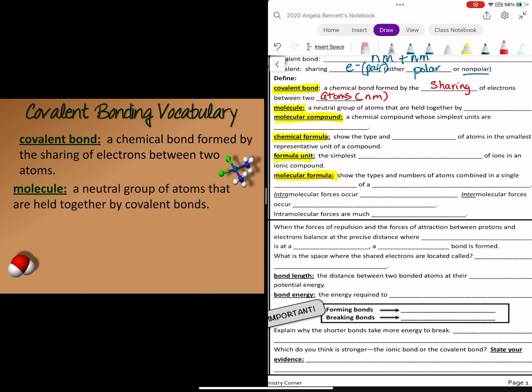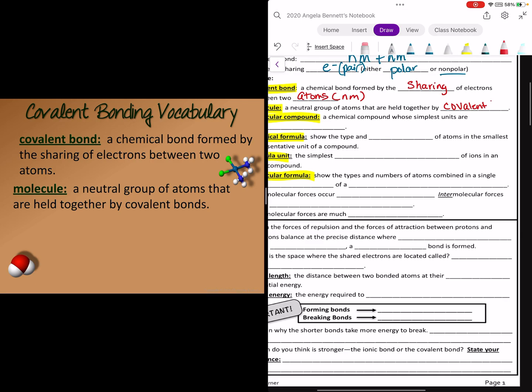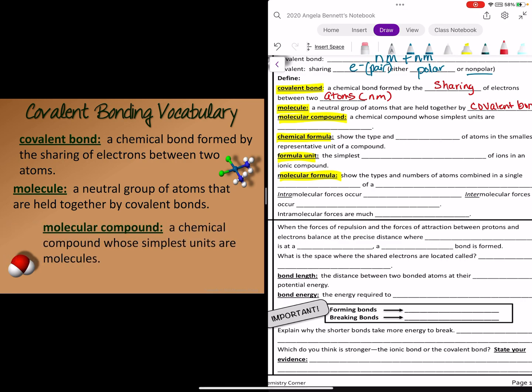A molecule is a neutral group of atoms that are held together by a covalent bond. A molecular compound is a chemical compound whose simplest units are molecules.